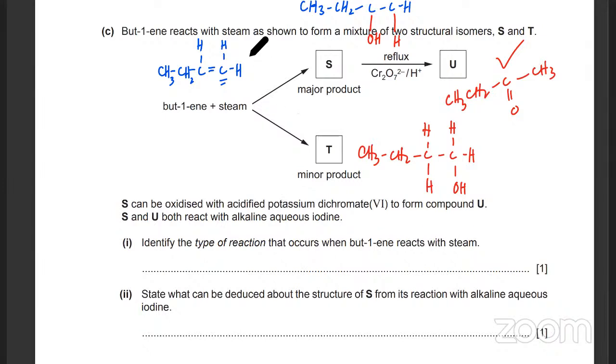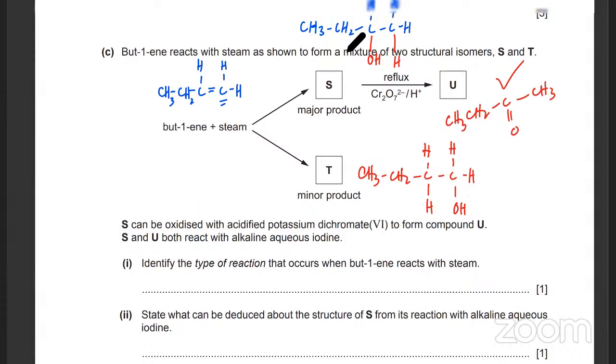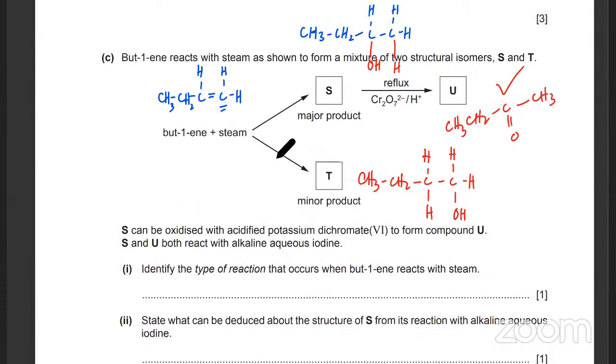What would you call this type of reaction when an alkene undergoes this? Addition. It is addition, but what type of addition? Electrophilic. Okay, so it's going to be electrophilic addition.